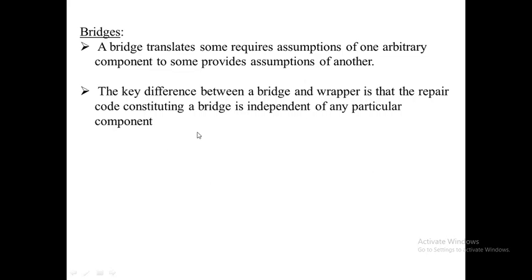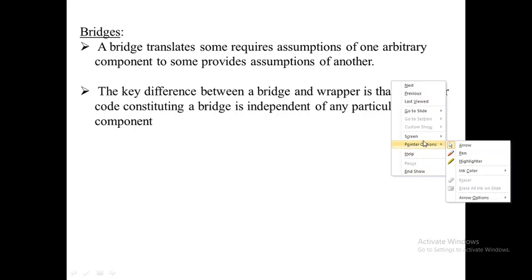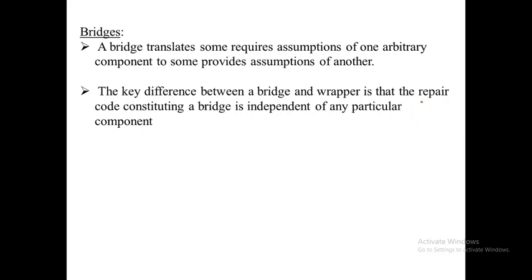Next, bridges. The bridges translate some requires assumptions of one arbitrary component to some provides assumptions of another one. The key difference between bridge and wrapper is that the repair code constituting a bridge is independent of any particular component.